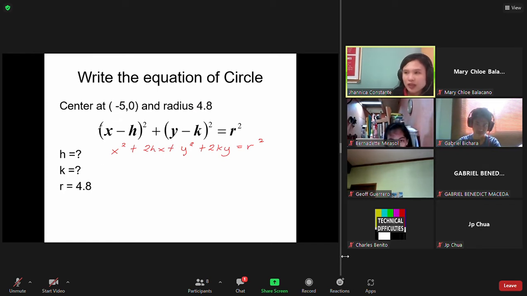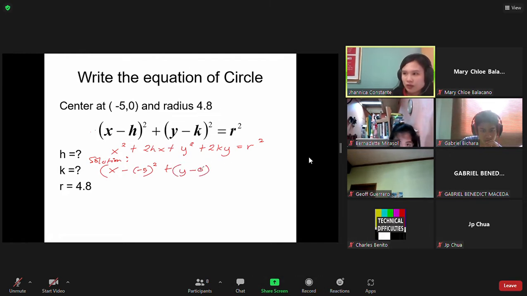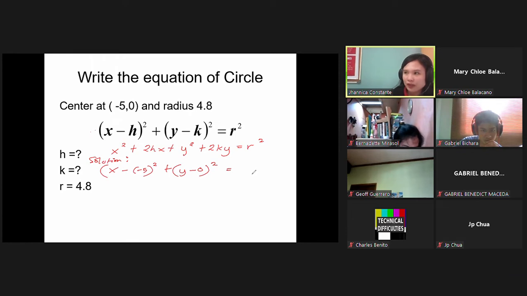Using the standard form to solve for the expanded form, we have x minus h, where the value of h is negative 5, squared, plus y minus k, where k is 0, squared, equals the radius, which is 4.8, squared.